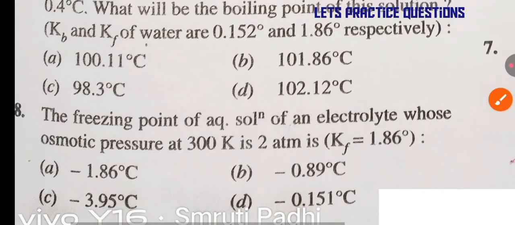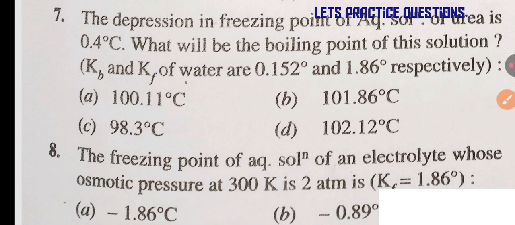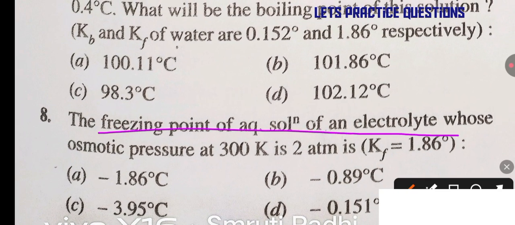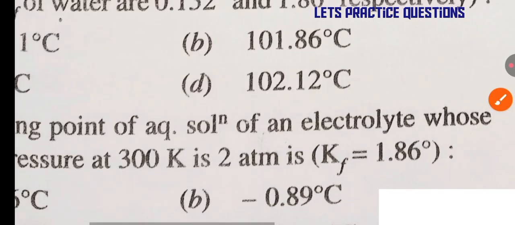Let's move to another question, that is question number 8. The freezing point of an aqueous solution of an electrolyte whose osmotic pressure at 300 Kelvin is 2 atm. Atm means atmospheric pressure. Let's calculate the value.